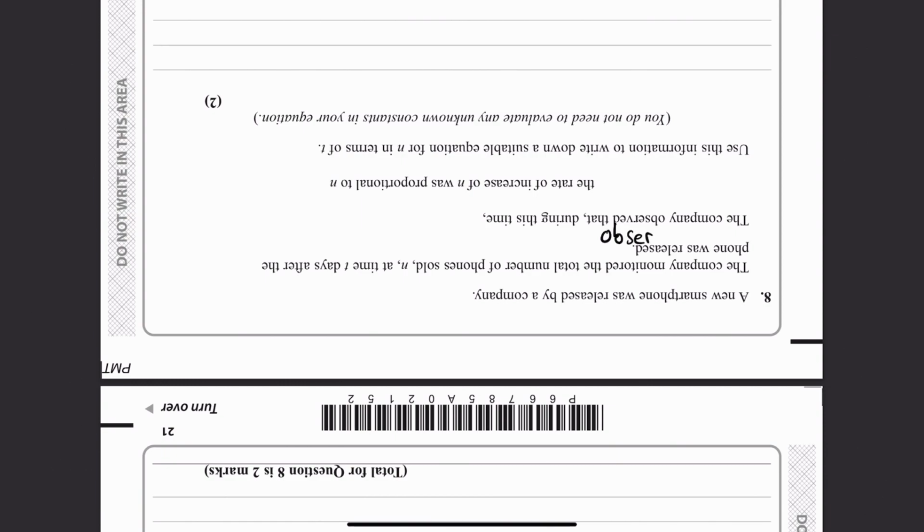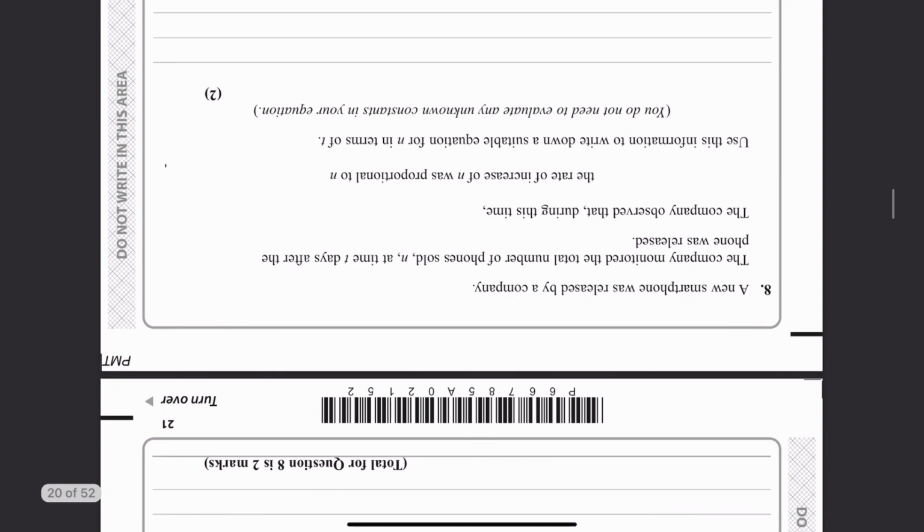The company observed that during this time, the rate of increase of N was proportional to N. So is that just a differential equation, I guess?